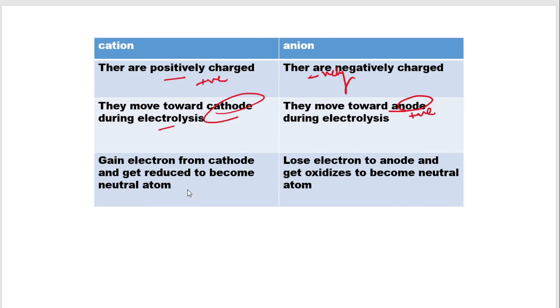Whereas at the anode, oxidation takes place, so anions have to lose electrons, and as they lose electrons, they get oxidized to form neutral atoms. That is, anions will lose electrons to form neutral atoms, and at the cathode, cations with positive charge will gain electrons to form neutral atoms. Clear?